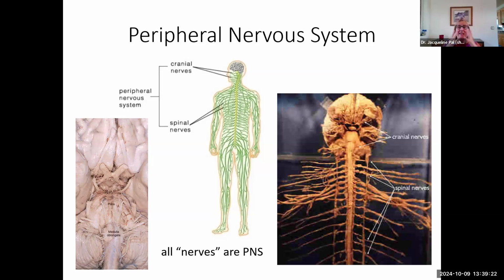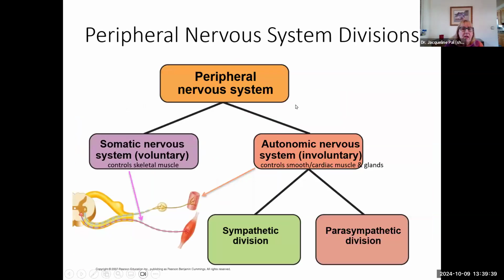So all of these activities, from your neck on up, are going to be related to cranial nerves. And then everything below the level of the neck is going to be related to your spinal nerves, nerves coming out of your spinal cord.